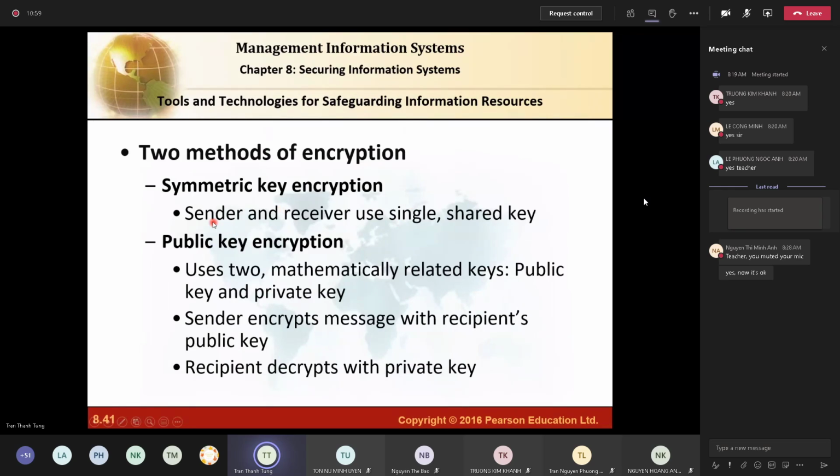As in the previous section, we know that symmetric key is the one that we can use to encrypt the message, but both sender and receiver must use the same secret key. It's just like in our childhood when we sent a message from one friend to another, we tried to agree on a key. Like every time I write down one, it means A, two, it means B, and so on. So please remember that. And then when I send you a message like one, one, two, you know that it is AAB.